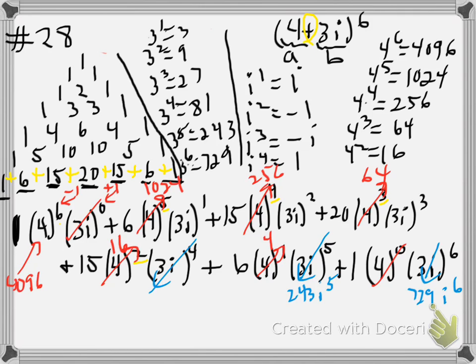This one here is going to be 81 I to the fourth. And we're going to keep going through there. This one here, 3I to the third, is 27I to the third. 9I squared, and then go on from there.